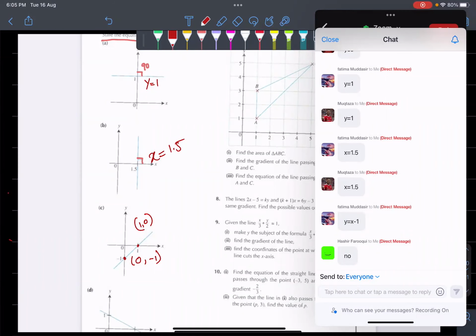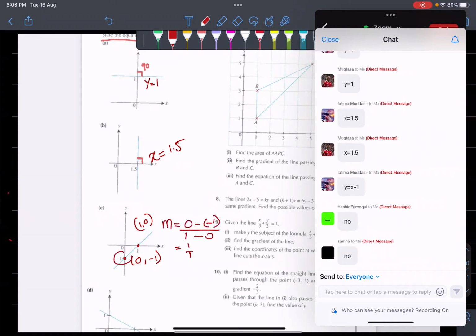Now find the gradient just like we did in question 3. Gradient m equals y2 minus y1, 0 minus -1, upon 1 minus 0. I'm doing it quickly now because we've done this. So 1 upon 1, that's the gradient, and the y-intercept is -1 directly.